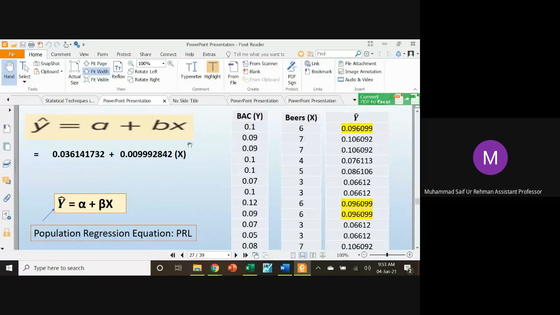When you substitute this 7 over here, this will be the answer. So these are the predicted or forecasted values, and these y values are the actual values.